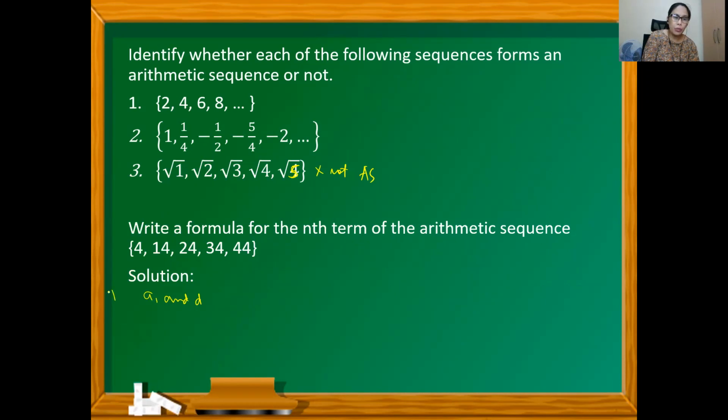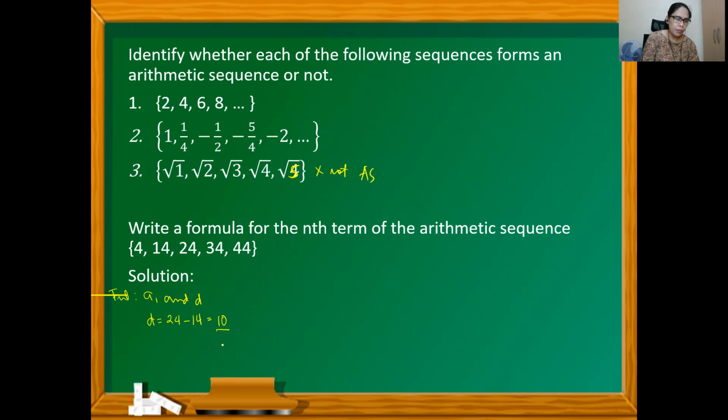So we have to work on the value of each. Now, using any two consecutive terms here, we can solve for d. For example, if we use 24 and 14, we get the difference between the two. So we have 10. So 10 is now the common difference.